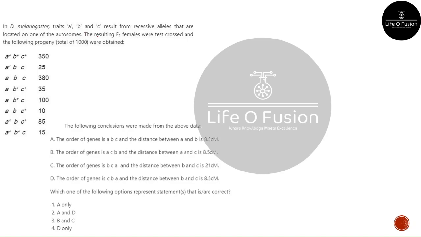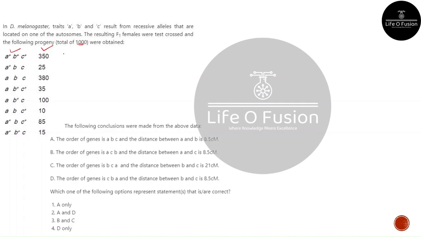The resulting F1 females were test crossed and the following progeny were obtained. 12,000 progeny were obtained, and these are the genotypes and the number of progeny in the F2 generation. The following conclusions were made from the above data. The answers concern the gene order and the map distance. So here you have to find the gene order and distance between all genes. So you have to do genetic mapping.